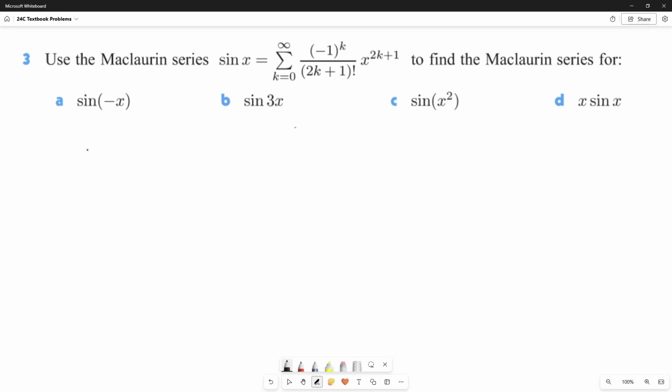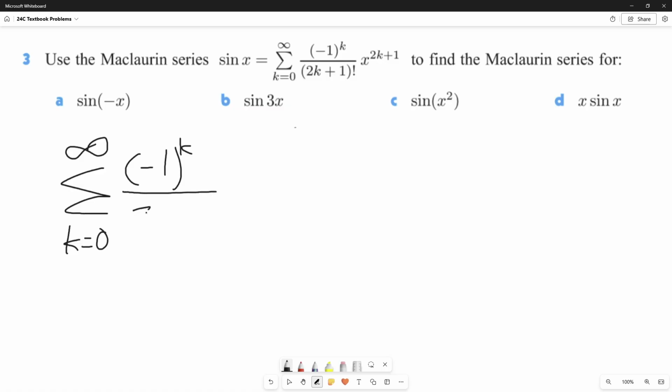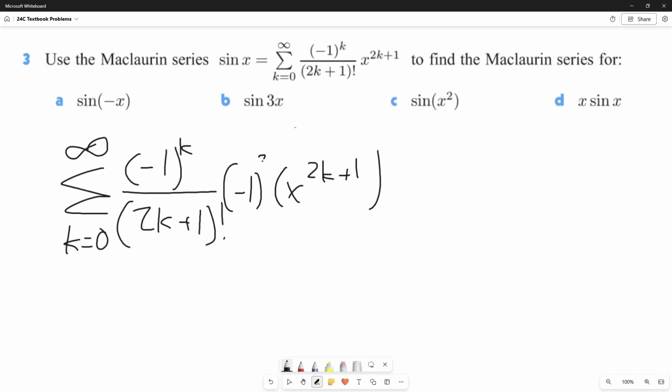And it's going to be sigma notation, k equals 0 to infinity of negative 1 to the power of k over 2k plus 1 factorial times x to the 2k plus 1, or actually negative x to the 2k plus 1. And make sure that the 2k plus 1 gets factored into both the negative 1 and the x.